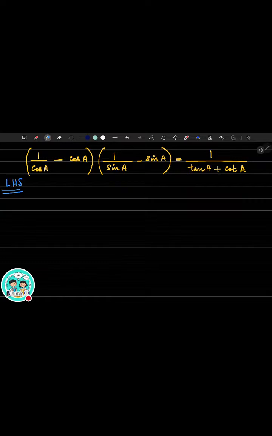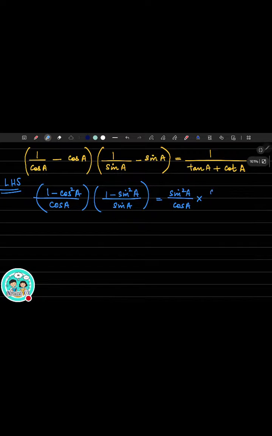Take the LCM, so your LCM is just cos A. So you have 1 minus cos square A multiplied by 1 minus sin square A divided by sin A. 1 minus cos square is nothing but sin square A divided by cos A, multiplied by 1 minus sin square, which is again cos square A divided by sin A. So a lot of terms would get cancelled. You will have sin A, 1 sin A, cos A and 1 cos A getting cancelled.